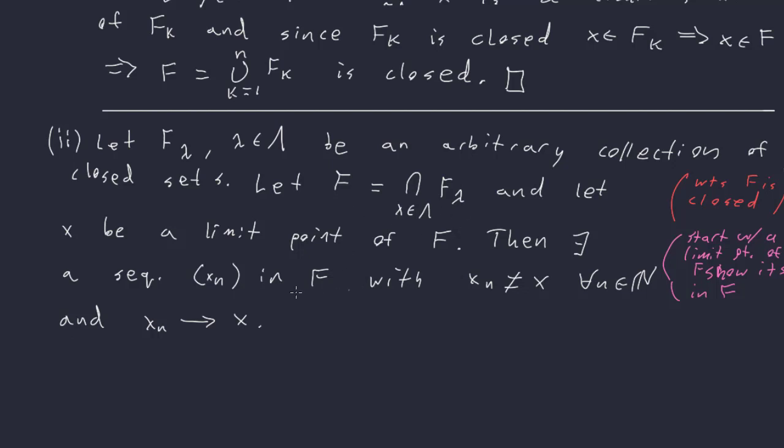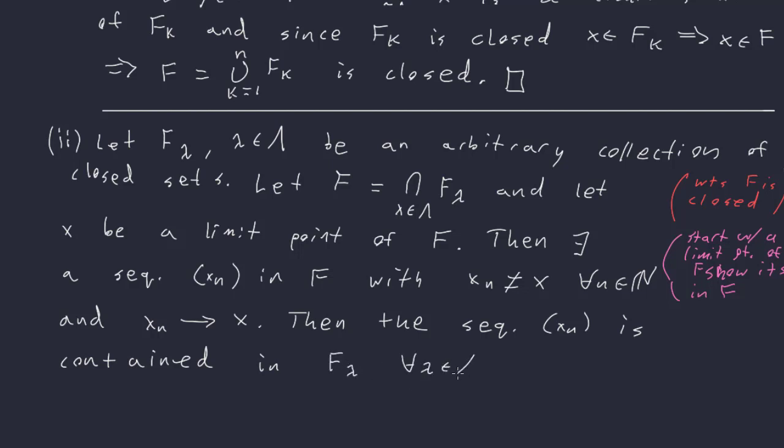Okay, well, if there exists a sequence in capital F with this, then that means this sequence is in every one of these F's because we're talking about the intersection. So then the sequence x sub n is contained in F sub lambda for all lambda in capital lambda.